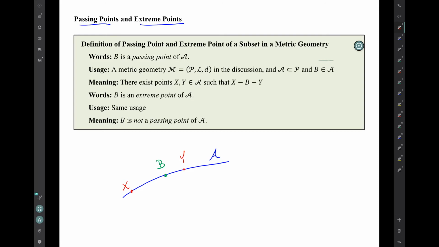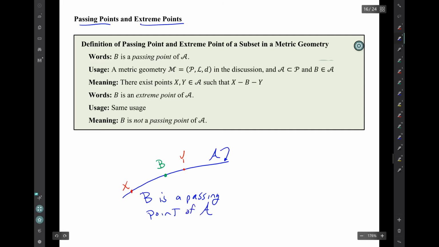Notice that script A is this blue set, and B is an element of that set, script A, and there exist these points X and Y that are also elements of script A, and B is between X and Y. So B is a passing point of set script A in this example.